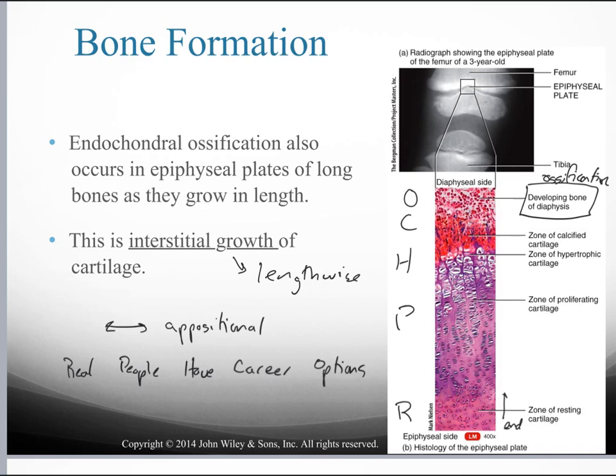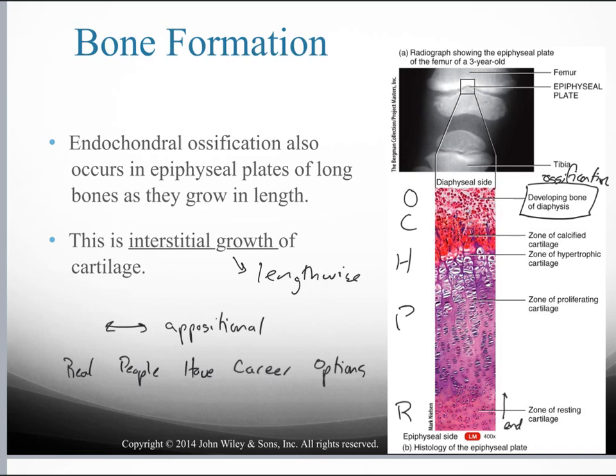but at this point its name tells us what it's essentially doing, stimulating growth. Now for the zone of hypertrophic cartilage, this is a zone of maturation. This is where the chondrocytes stop mitosis and begin hypertrophy, so growing. They do this by accumulating glycogen, lipids, and alkaline phosphatases. Now the next zone is called the zone of calcified cartilage. This is where chondrocytes undergo apoptosis.